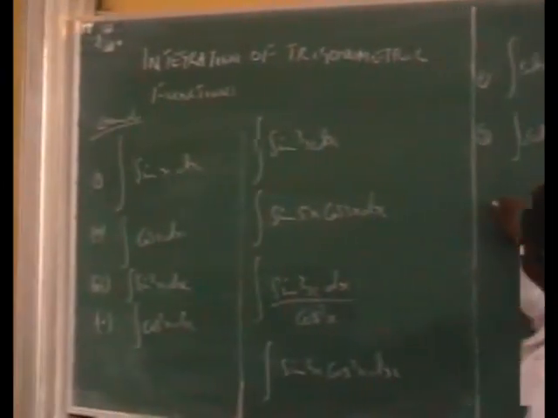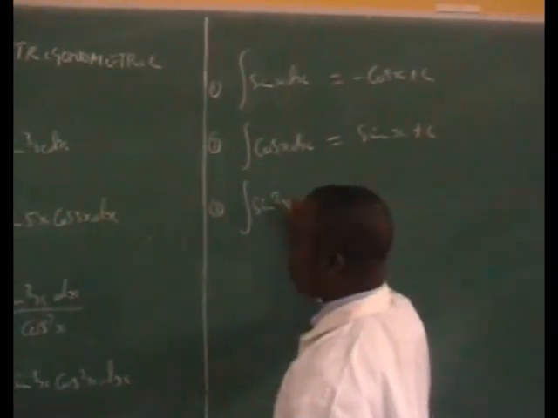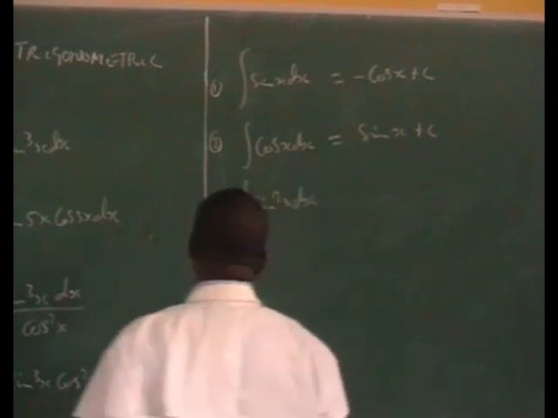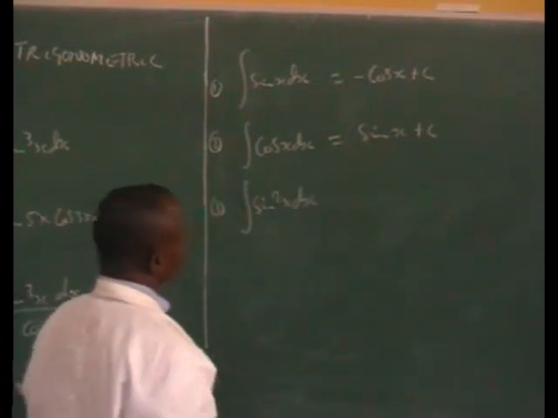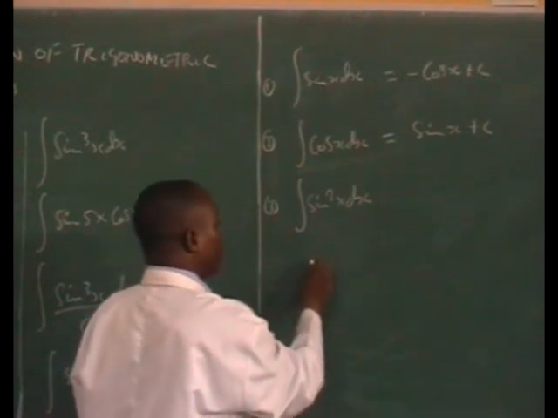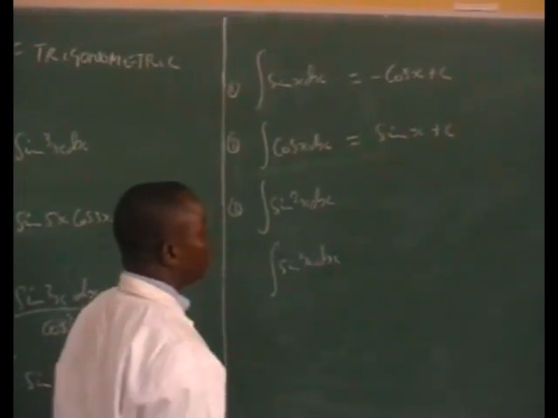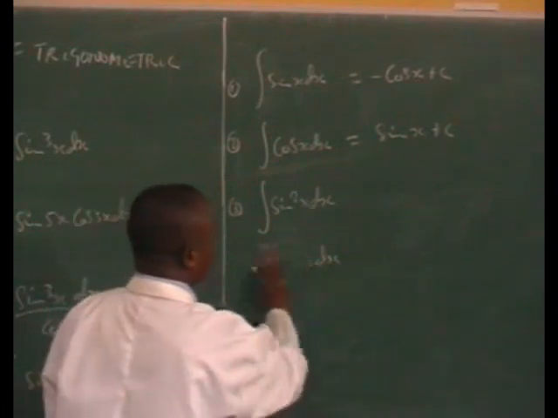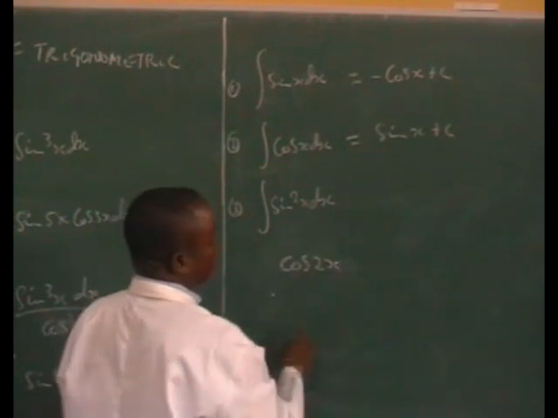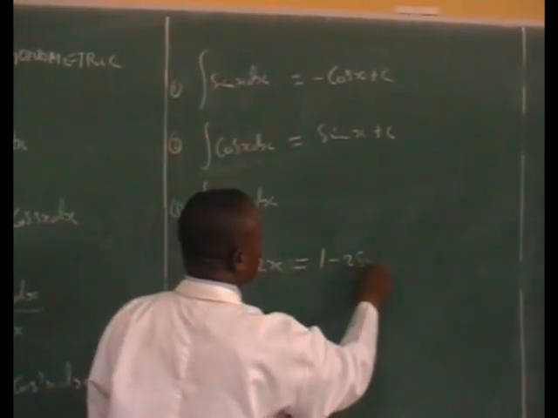Now we have another one, which is integral of sine square x dx. Now if we express this in double angle, cos 2x is equal to 1 minus 2 sine square x.